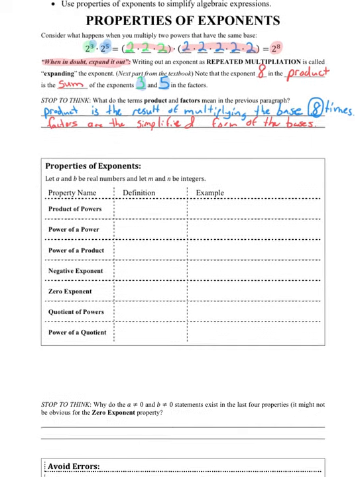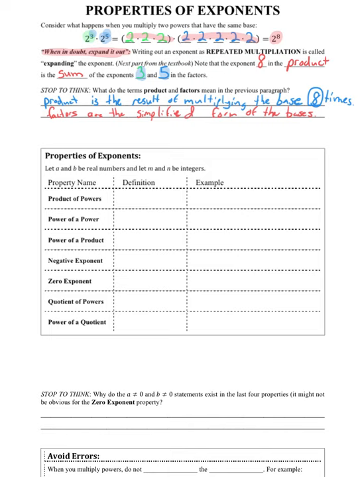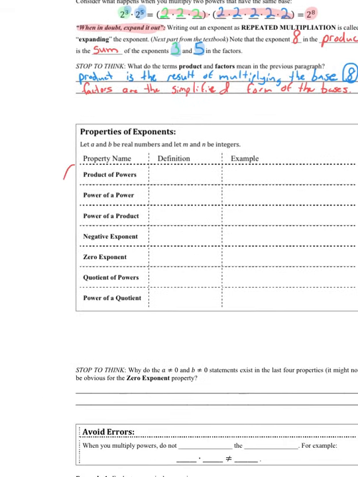So next we're going to talk about these properties of exponents. You don't need to have these memorized. So there's a few different properties here. Okay, you do not need to memorize these. You actually don't even need to know the names.